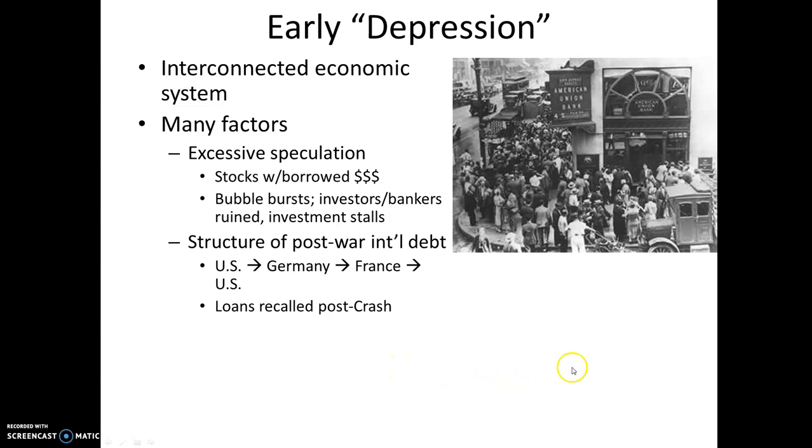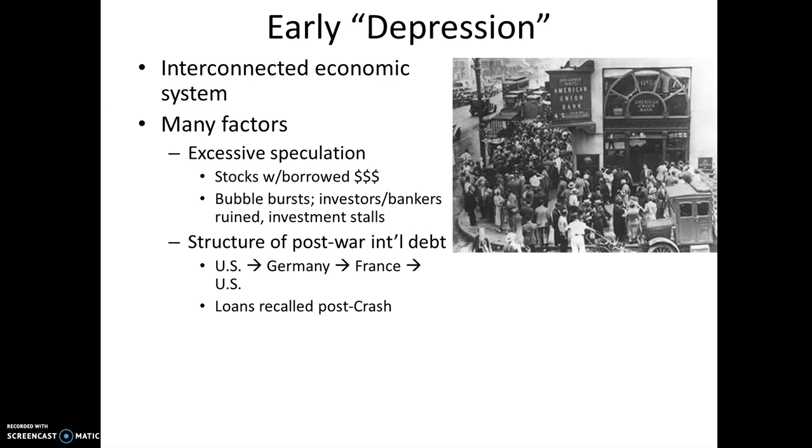So this is where we get into the structure of post-war international debt. The U.S. had replaced England as the creditor of the world, so a large number of European governments were deeply indebted to the United States. The Germans were hit especially hard because the recent Weimar government had to take out massive loans to pay reparations to the French.